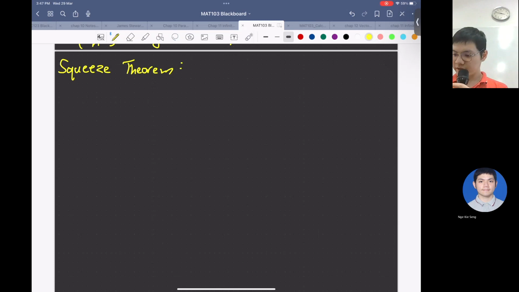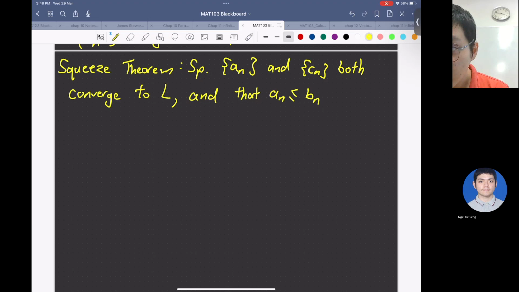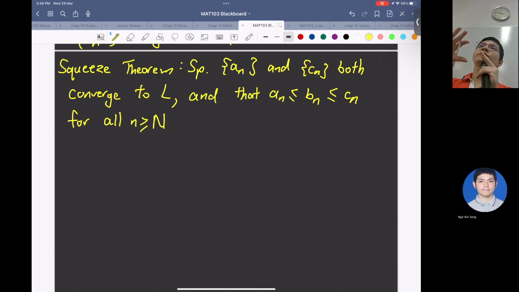Suppose that a_n and c_n both converge to L, and you get another sequence b_n that is squeezed between these two sequences for every n greater than N. This means maybe it doesn't get squeezed for finitely many n, but it gets squeezed after a finite number of terms. That's fine.